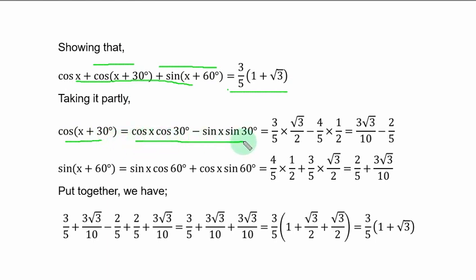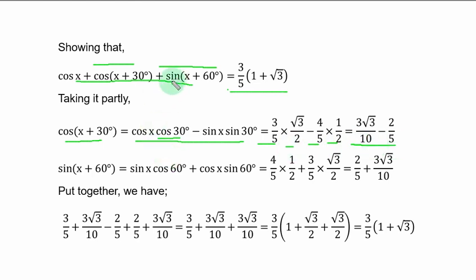In the question, cos s is 3/5. Cos 30 degrees is √3/2 minus sin s is 4/5 and sin 30 degrees 1/2. When you simplify, you have this result.